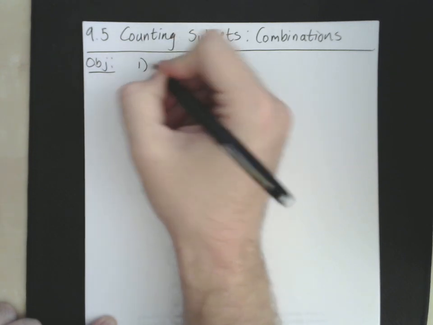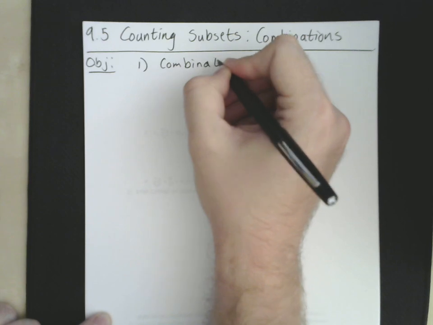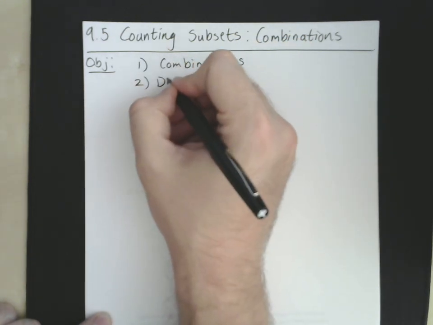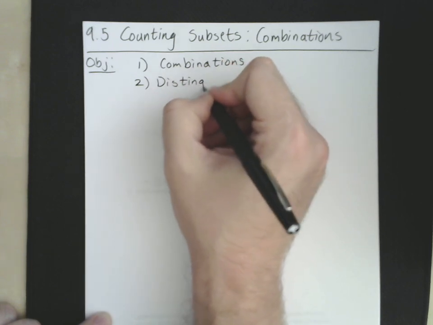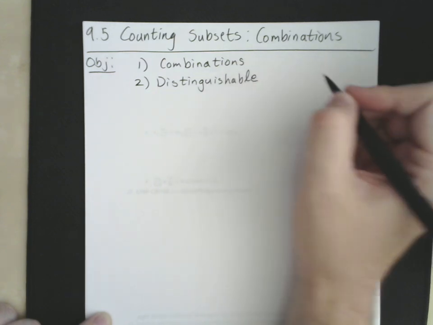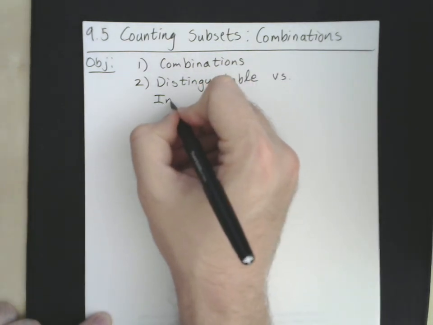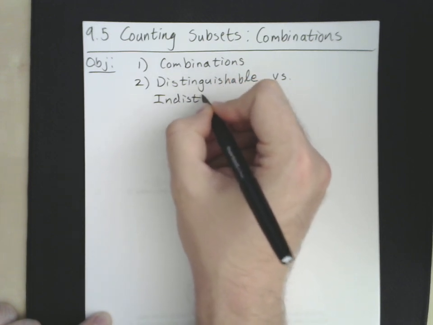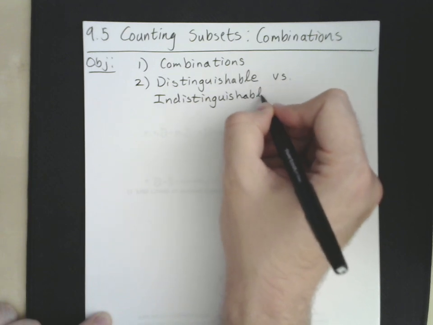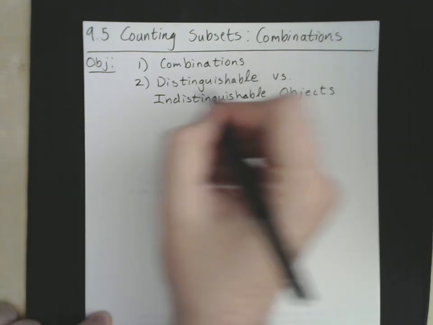The first is what a combination is, and the second is distinguishable versus indistinguishable objects or elements.